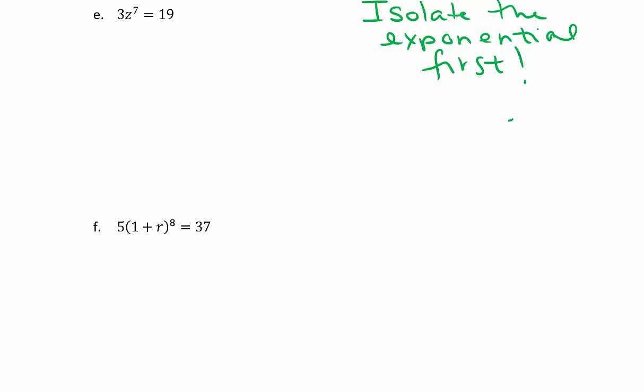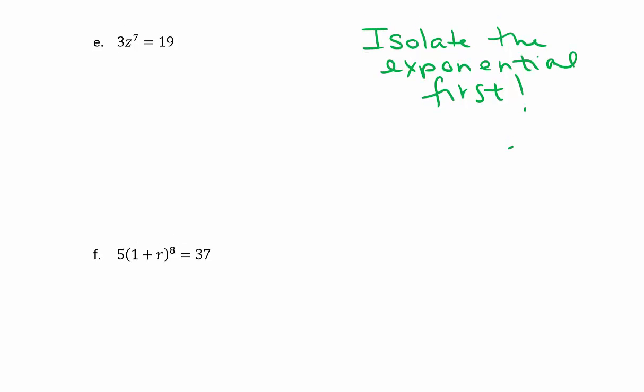Now as the equations get more complicated, you might have to do a little bit of work before you can use a root to solve. In example E, I have the equation 3z to the 7th equals 19. Before I can take that 7th root, I need to get the exponential, the thing with the exponent, by itself. That's because that exponent of 7 doesn't actually apply to the 3.